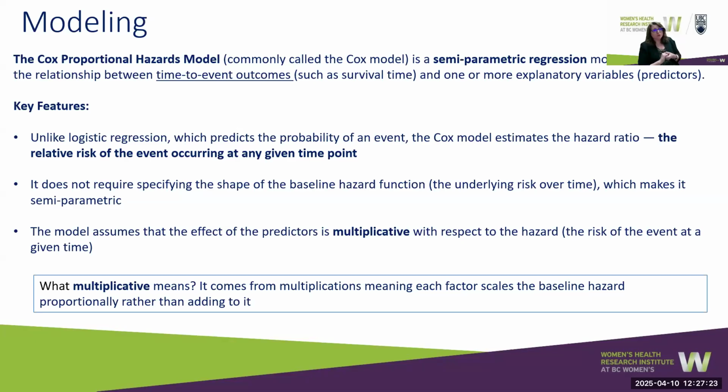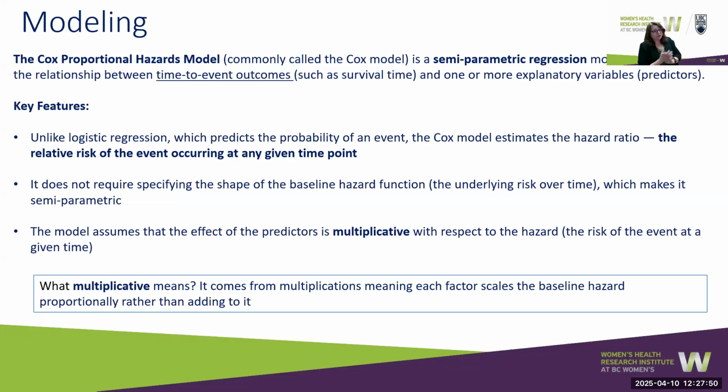This model is used to assess the relationship between time-to-event outcomes, such as survival time, and one or more explanatory variables, predictors. So here we come to inferential statistics, where we not only describe the relationship between variables in our data, but try to understand the full picture based on the variables we have available.